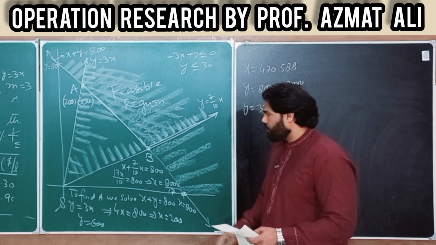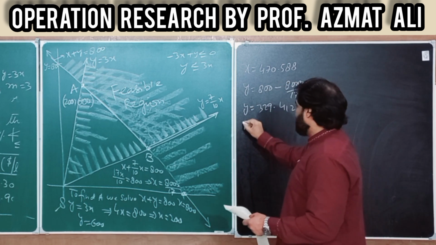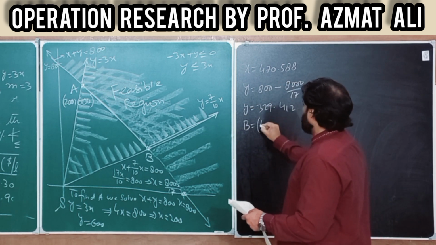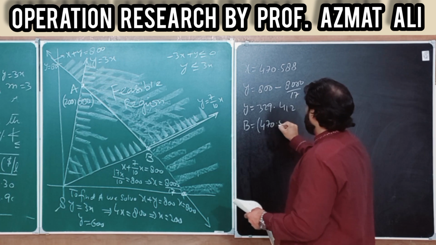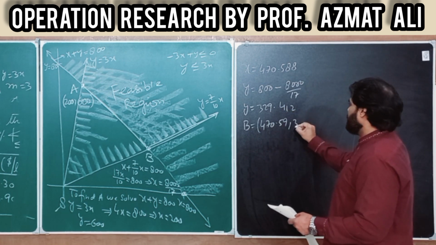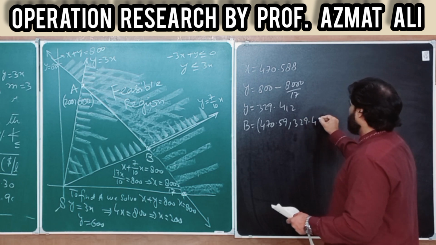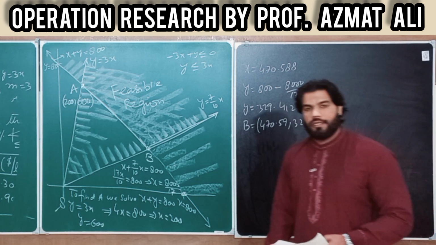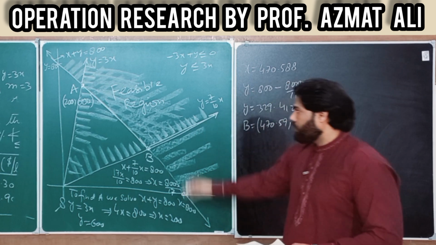So the next corner point is B, that is 470.59 approximately, and y is 329.41. Now we find the optimal solution at these two corner points.